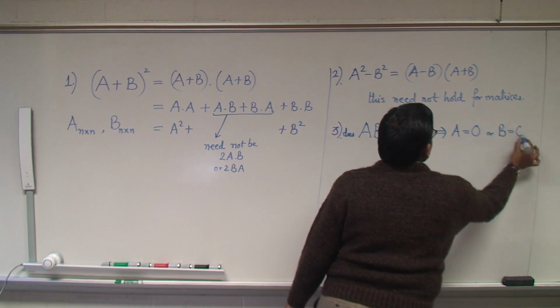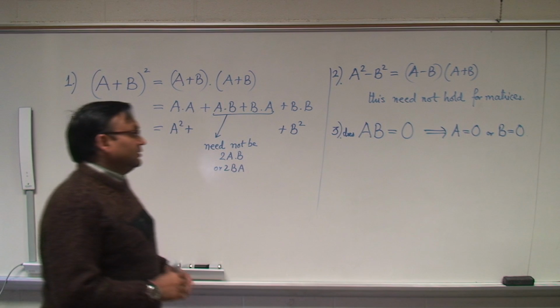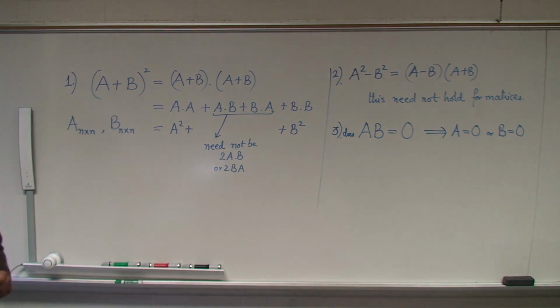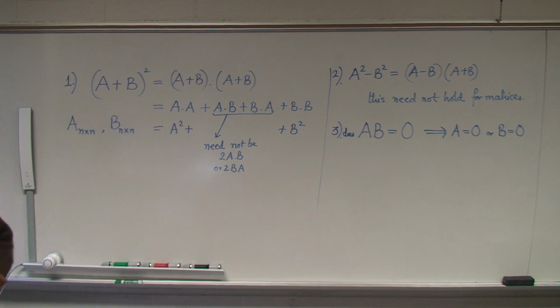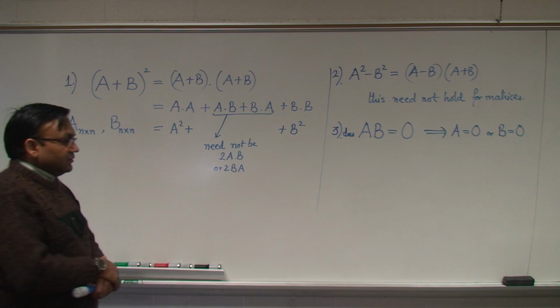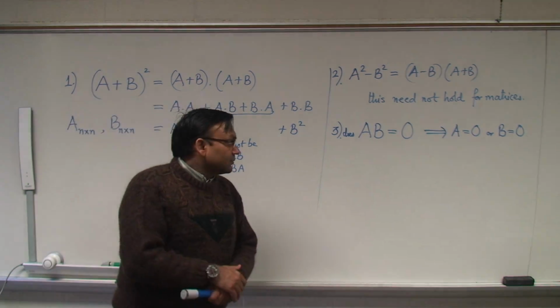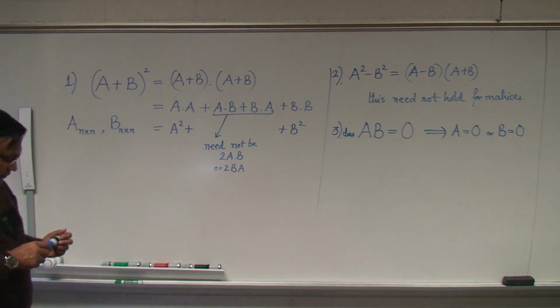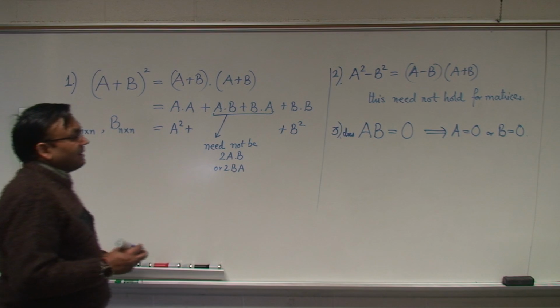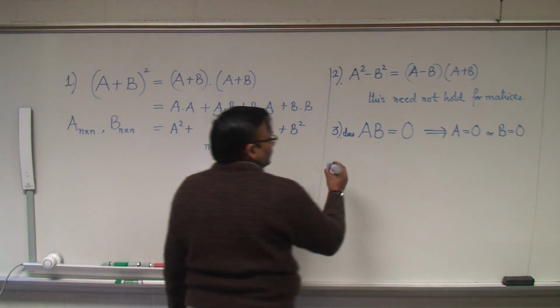See, this is the property that we use in real numbers or integers. That product of two things is 0 implies one of them is 0. It's a very fundamental property of things like real numbers, complex numbers, integers, because they are all what we call an integral domain. But is it true for matrices?